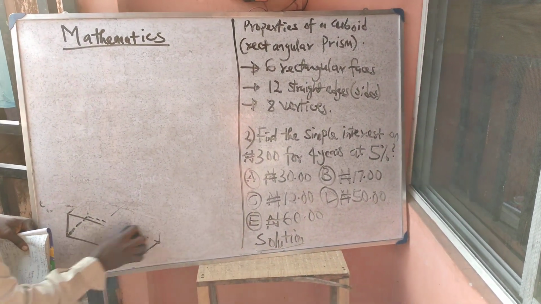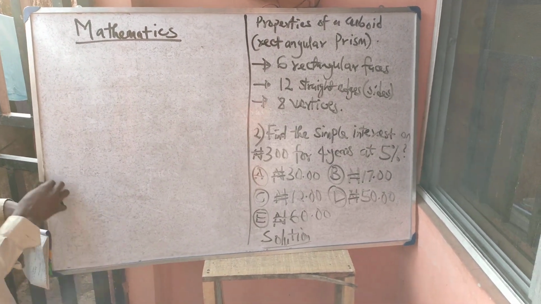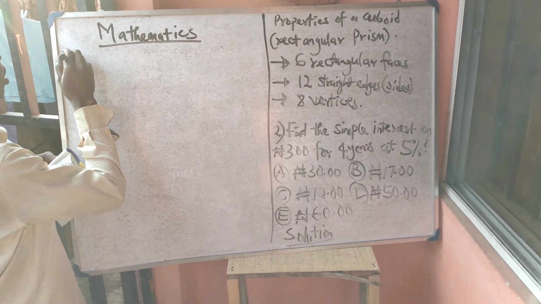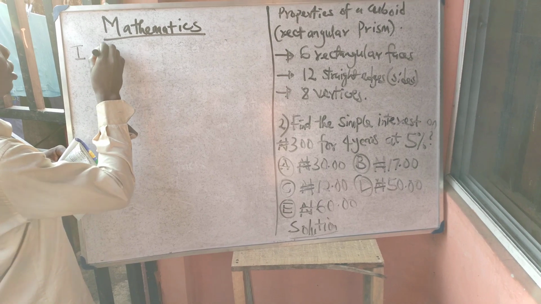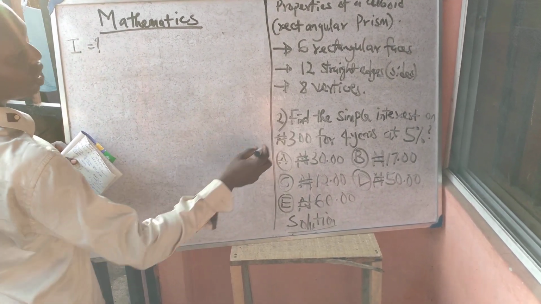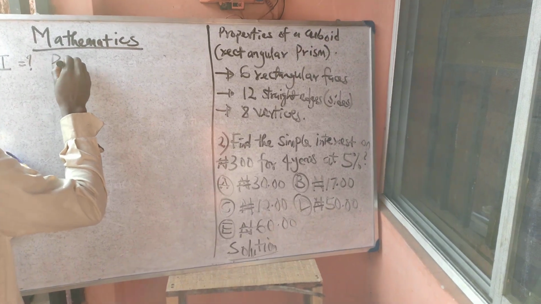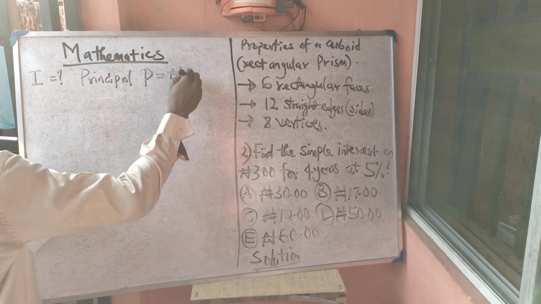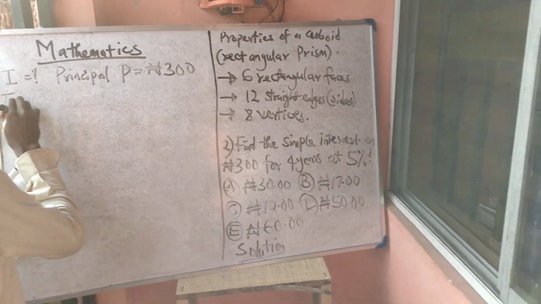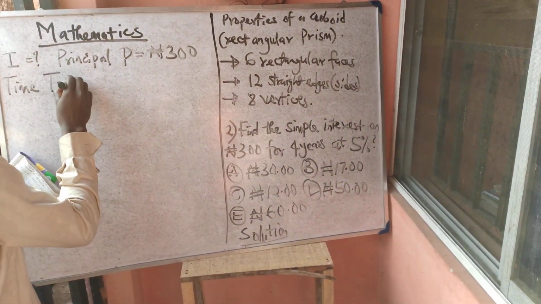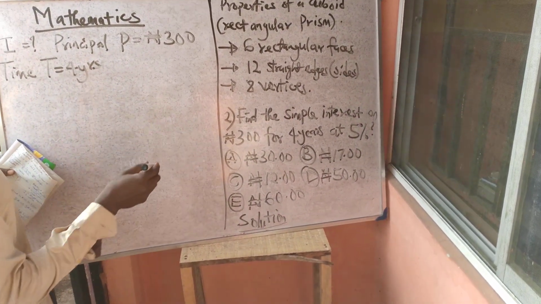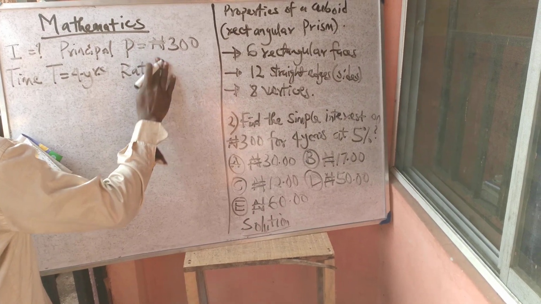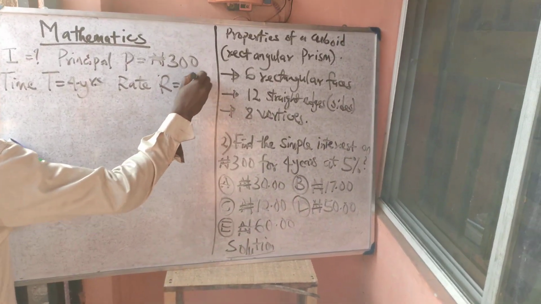Simple interest is what you are looking for, and the symbol for simple interest is I. The principal, P, is 300 naira. The time, T, is 4 years. The rate, R, is 5%.